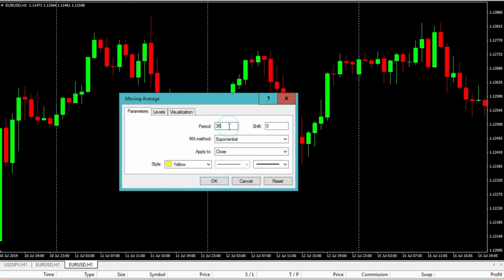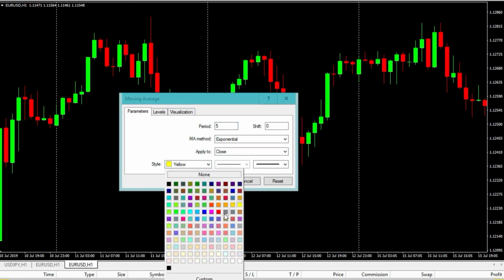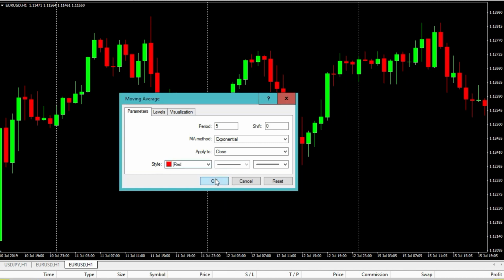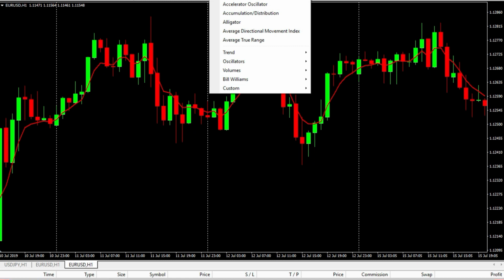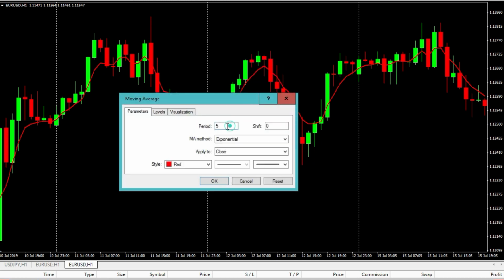The first moving average we had was 5 exponential close, and we gave it a red color. The second moving average we had was period 10 exponential close, and the color was aqua.